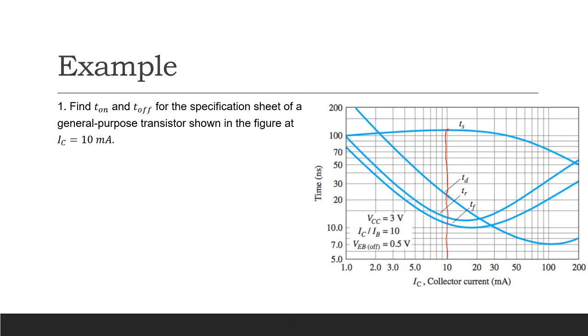TD is at this point, so around 20 something, about 24. TR is this one, around 15 to 16 nanoseconds. Our TF is around 12. So this is just our guess, an approximation based on the graph.